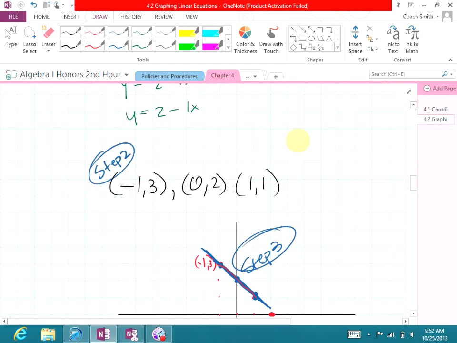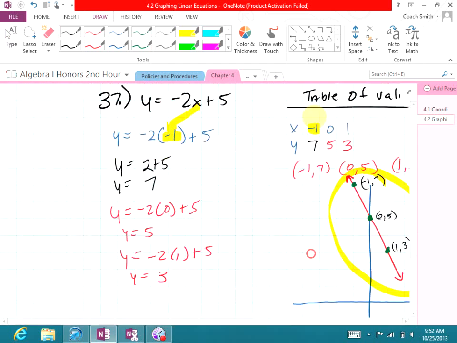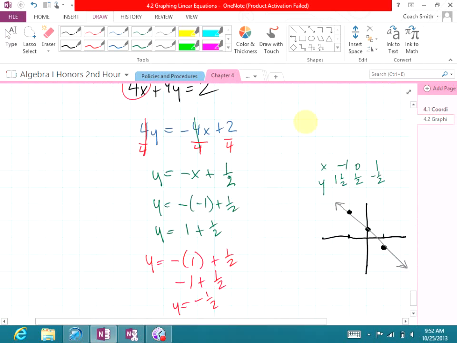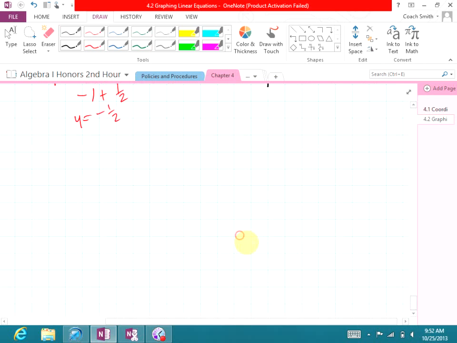All right, so your homework is this. It is going to be 4.2, and you're going to do 30 through 35 all. Okay? And then we're going to do 36 through 50 even.